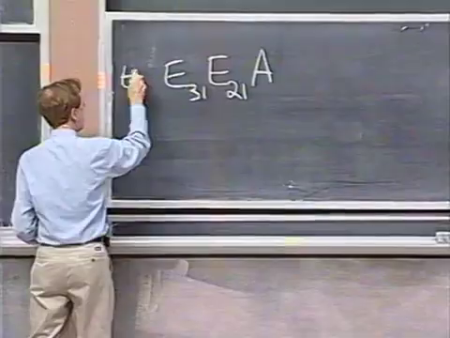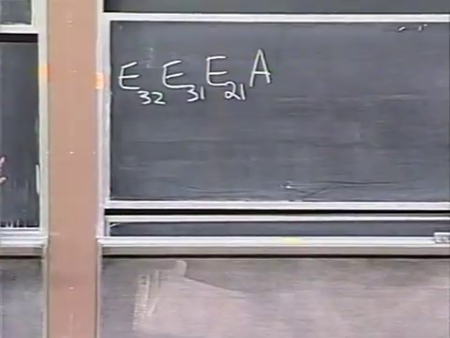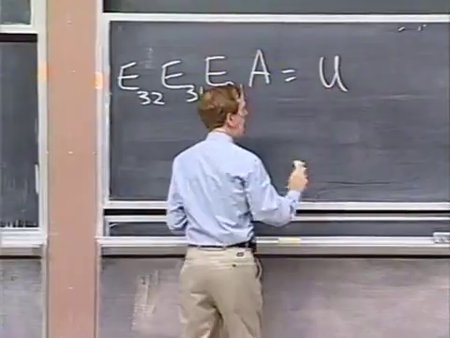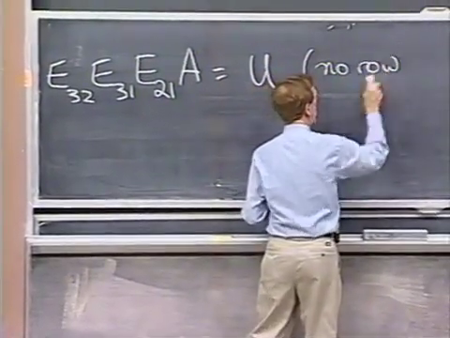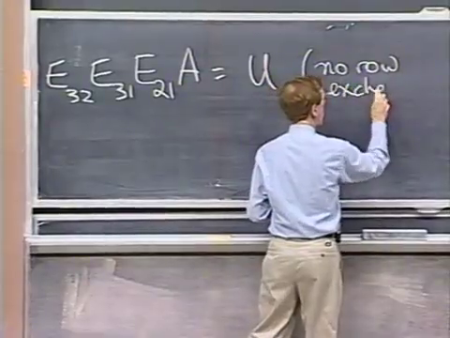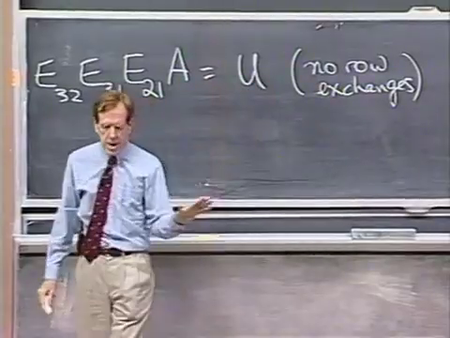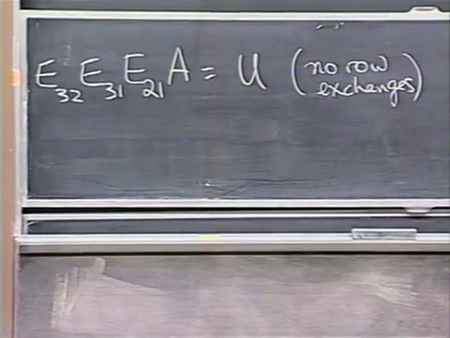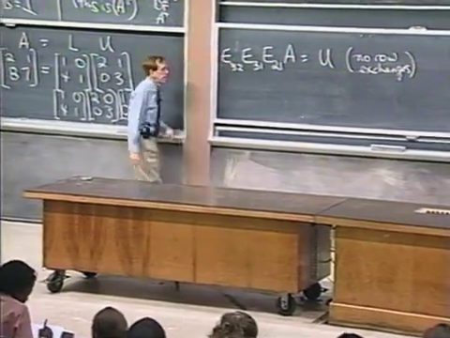And the final step will be to get a 0 in the 3,2 position. That's what elimination is, and it produced U. And again, no row exchanges. I'm taking the nice case now, the typical case too, when I don't have to do any row exchange, all I do is these elimination steps.